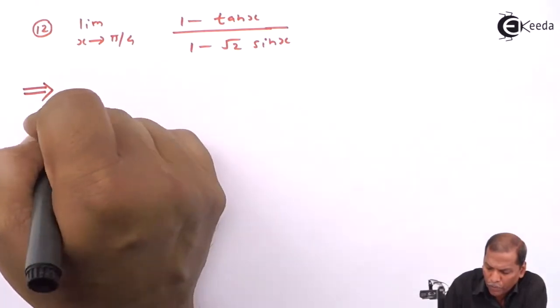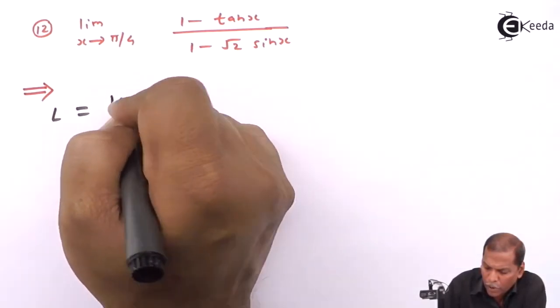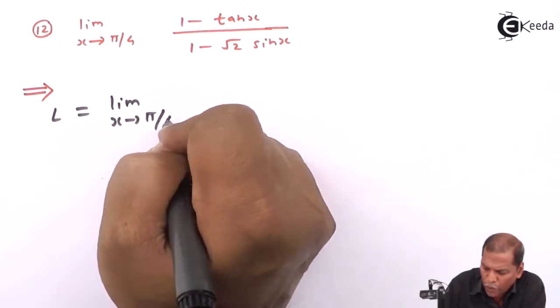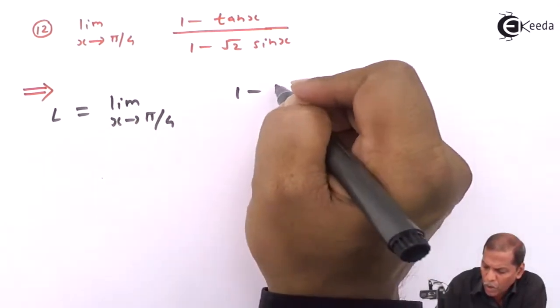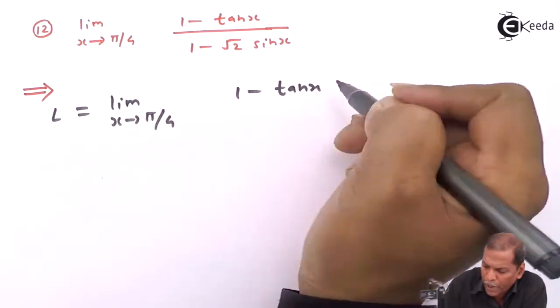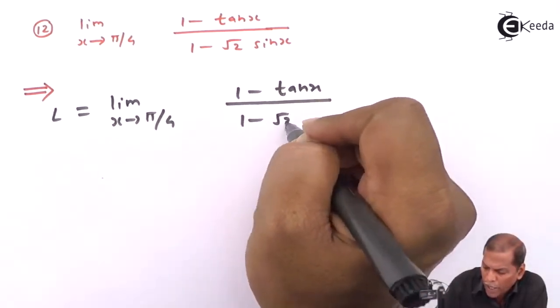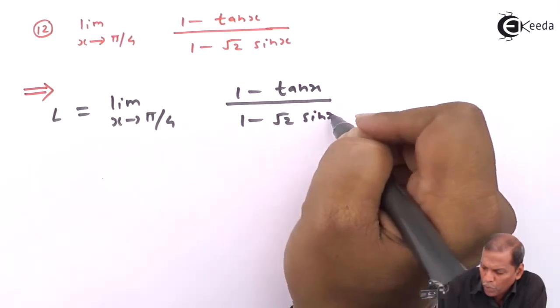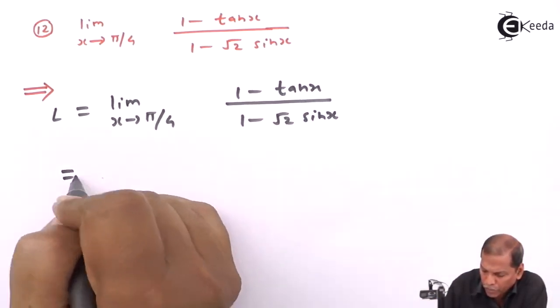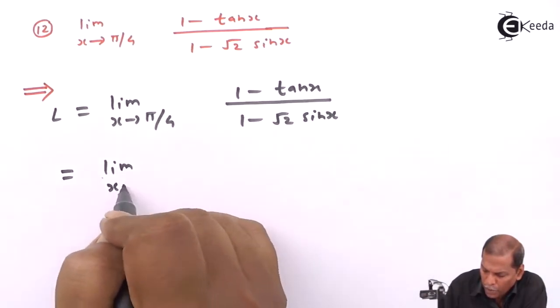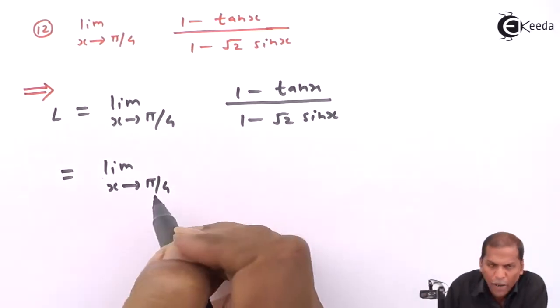First of all, L is equal to limit x tends to pi by 4, (1 minus tan x) whole thing divided by (1 minus root 2 into sin x). That equals limit x tends to pi by 4.